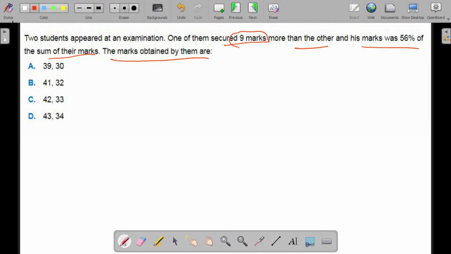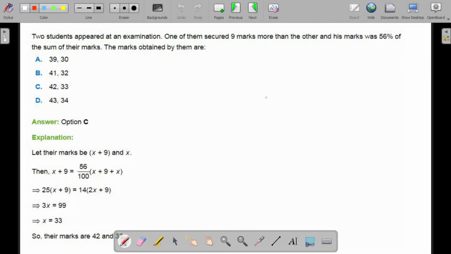Okay, so most of you are mentioning C. So the answer is C, as it's a very simple problem.